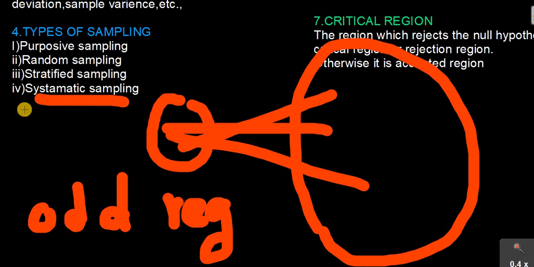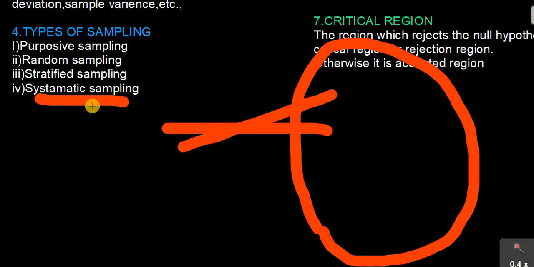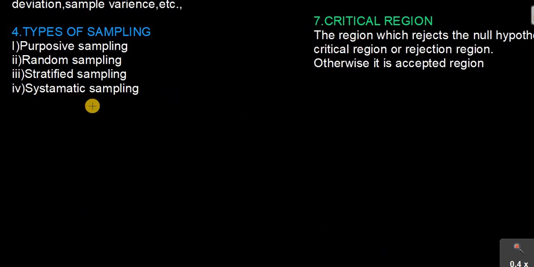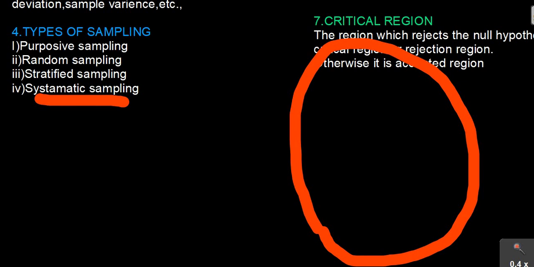This type of sampling we call systematic sampling. I repeat again, systematic sampling means we use some systematic idea to select a small group from the big group, for example from a class from which I take the sample to study the average weight of the students.